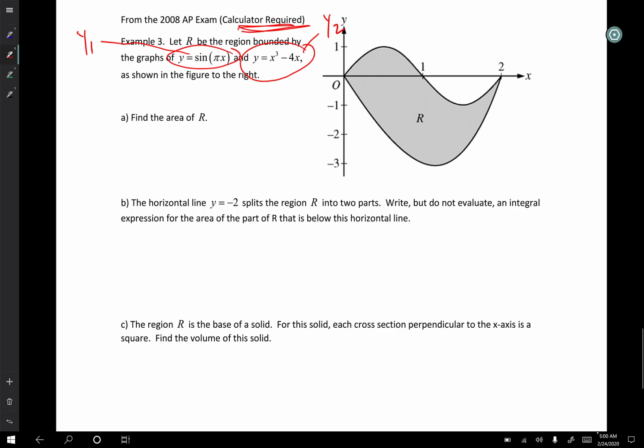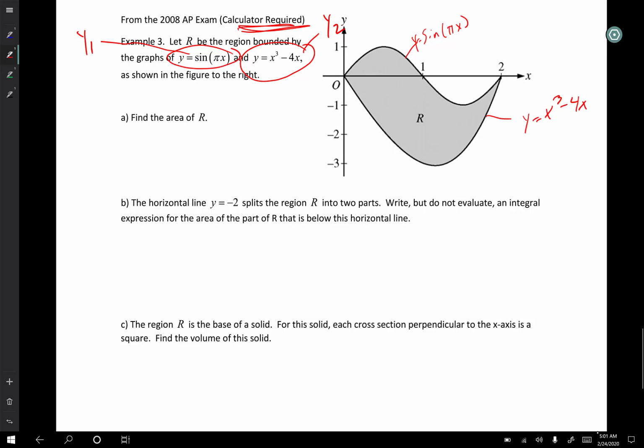If you graph these, it's easy to tell which one's the sinusoid. So this one right here is y equals sine pi x. Don't just write pi x, guys, just write y equals sine pi x. And this one down here is the x cubed minus 4x. All right, find the area of R. So they want this area, and that's easy to find.